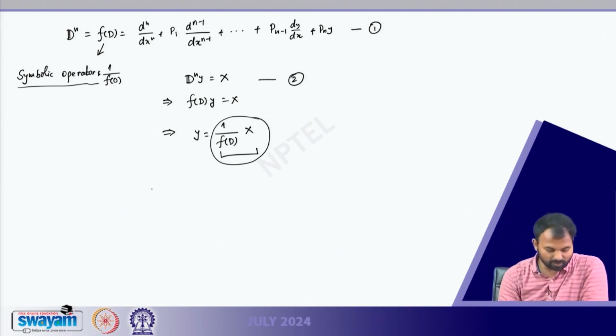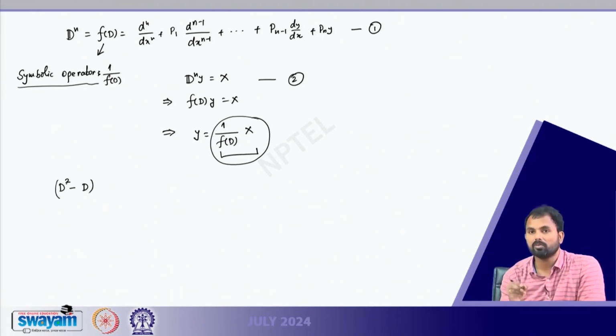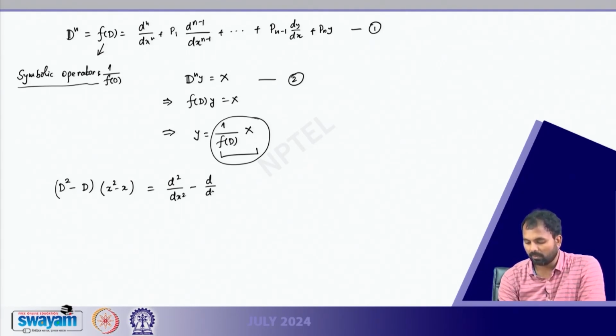Just to give you an idea, suppose we have something like D squared minus D. Keep in mind, D squared means d squared by dx squared, minus d/dx, operating on, let us say, x squared minus x. So it is d squared by dx squared minus d/dx of x squared minus x.